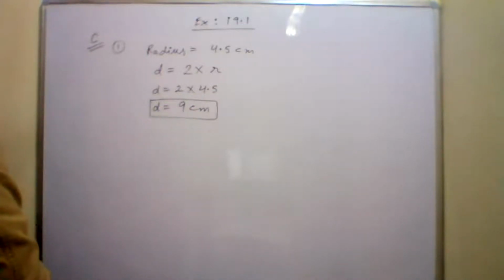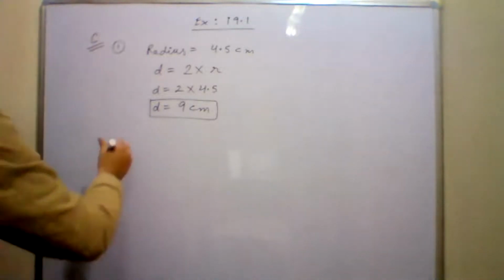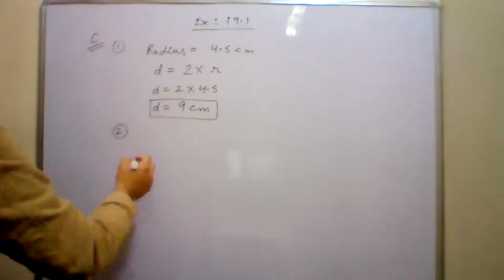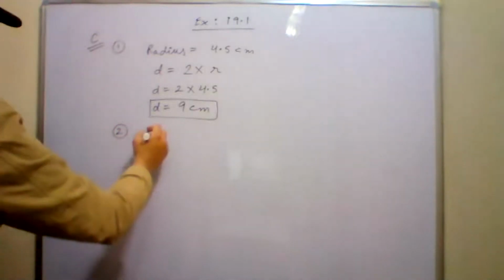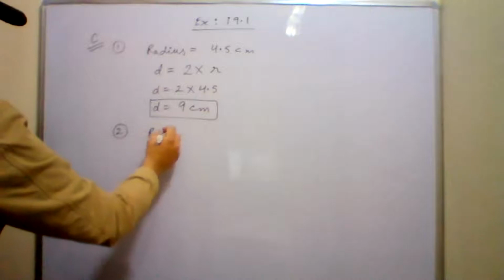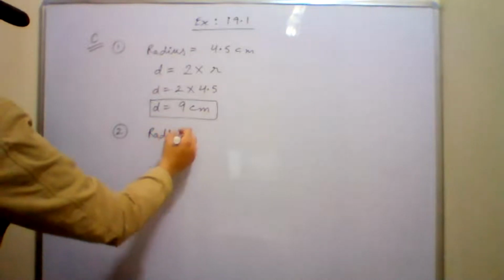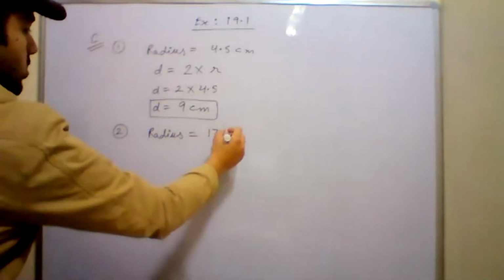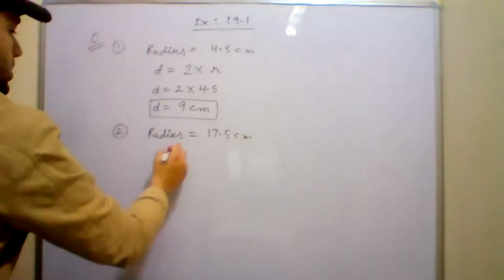In all the cases, multiply by 2 and you will get the answer. For example, look at the second one also. अगर doubt है तो, सेकंड वाला बता रहा हूँ. Here the radius is 17.5 centimeters.